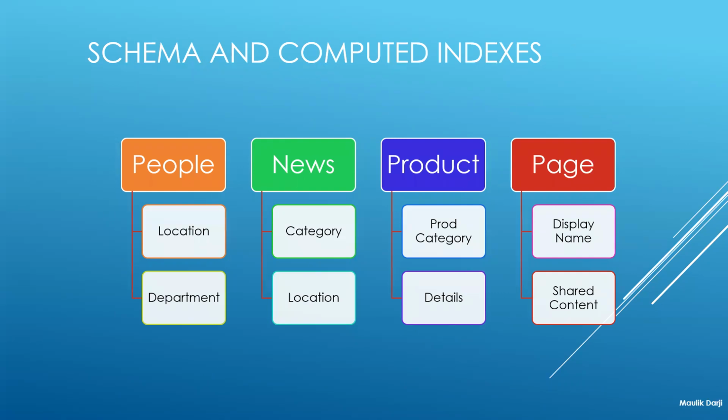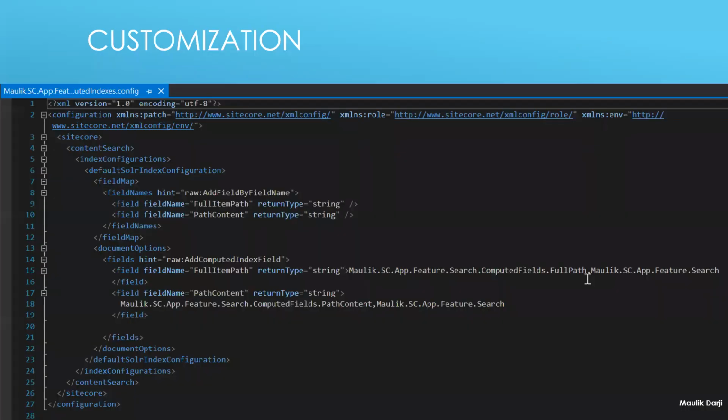And I can tell you that there isn't very SearchStax-specific code. Whatever we are writing for Solr or any other computed indexes, it's the same. You have the same configuration file, and you can just add this one.